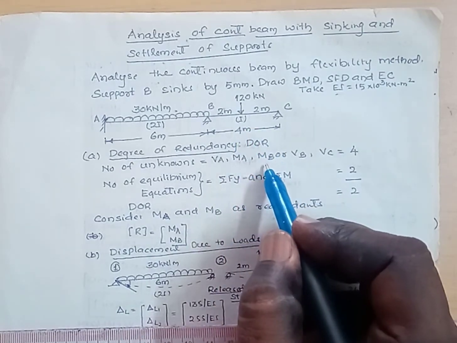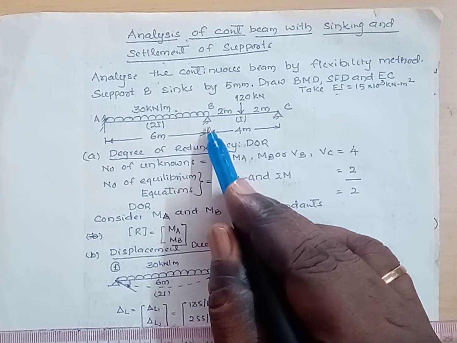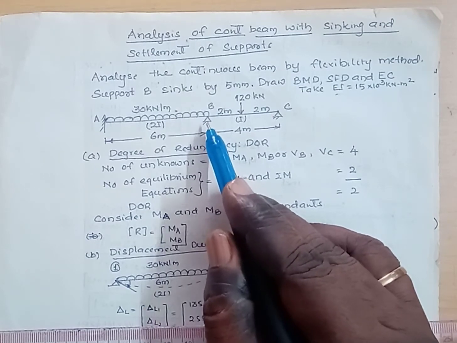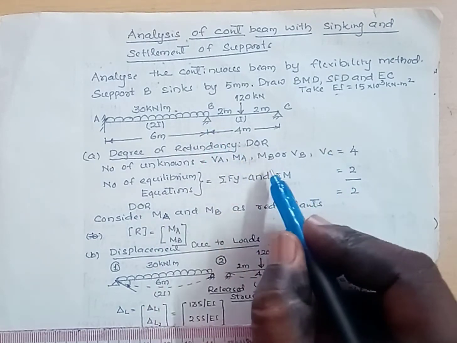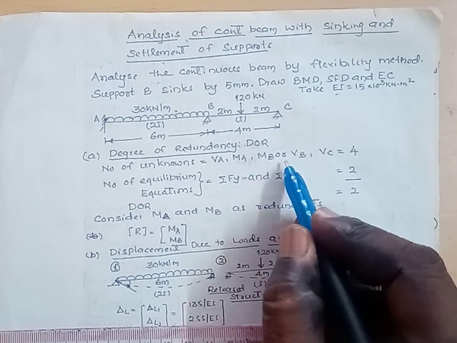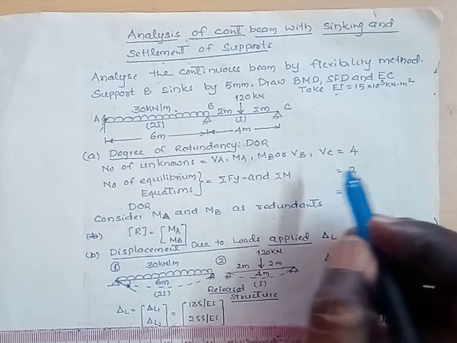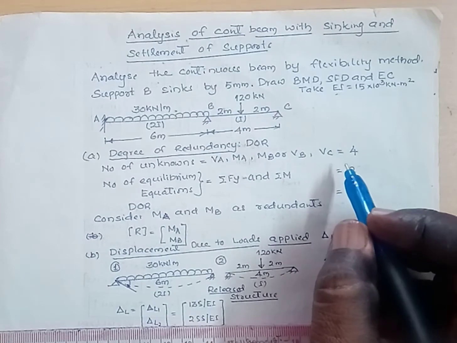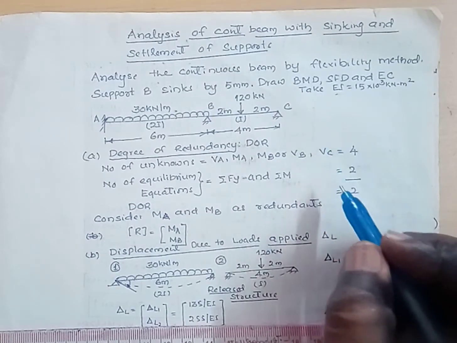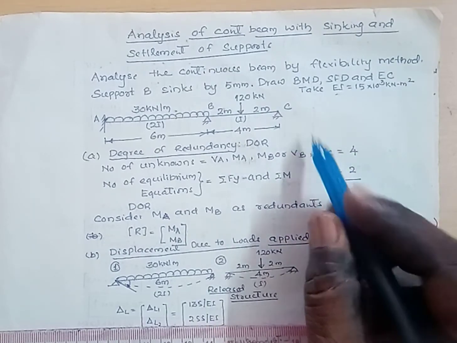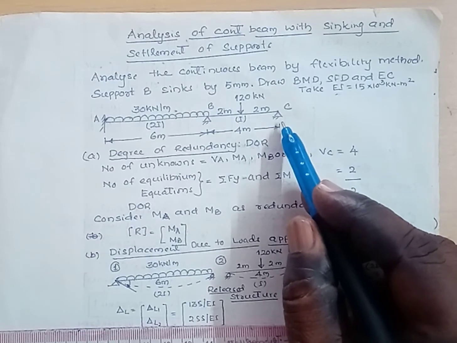Then at B, PB is one of the unknowns due to the support reaction. Here there is a resisting moment MB; either you may consider MB or VB. Then at C it is the end support, and here the support reaction is VC.